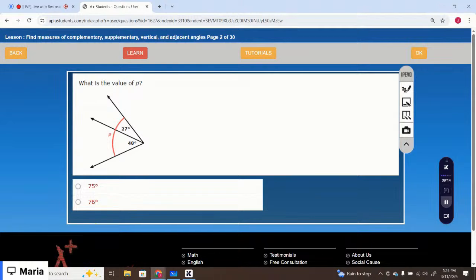That is 75 degrees. Option number one is the correct option.